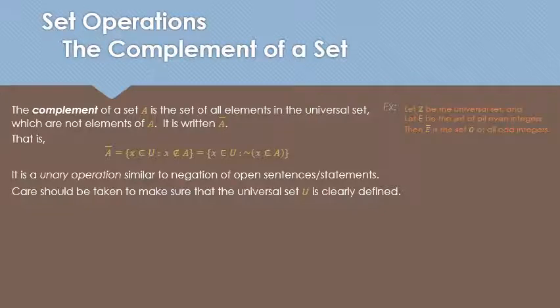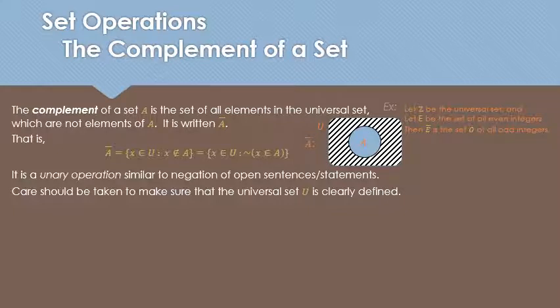So as an example, we'll take the integers to be the universal set. We'll take E to be the set of all even integers. Then the complement of E is the set of all integers that are not even, which is the same thing as the odd integers. So the complement of the even integers is the odd integers when the universal set is the integers.